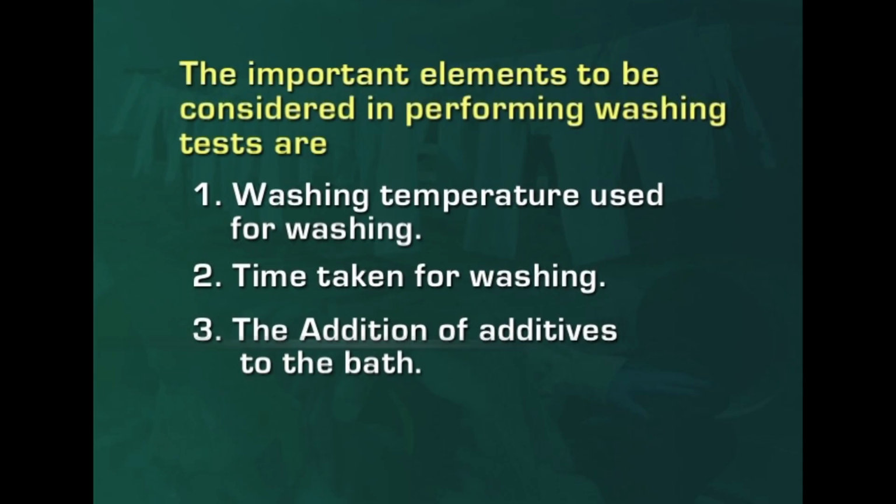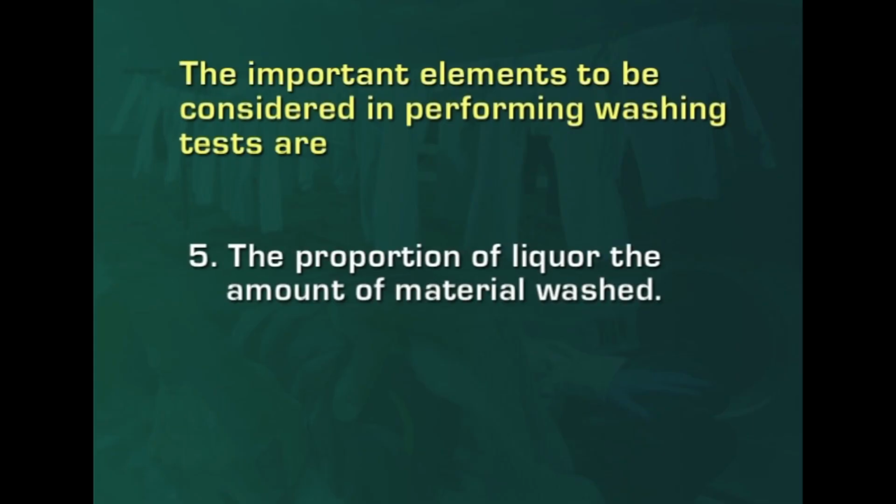So this has to be taken into consideration. Mechanical action to which fabrics are subjected during laundering must be included in the washing test, because too much agitation results in bleeding. The proportion of the liquor to the amount of material washed is also an important factor in laundering.